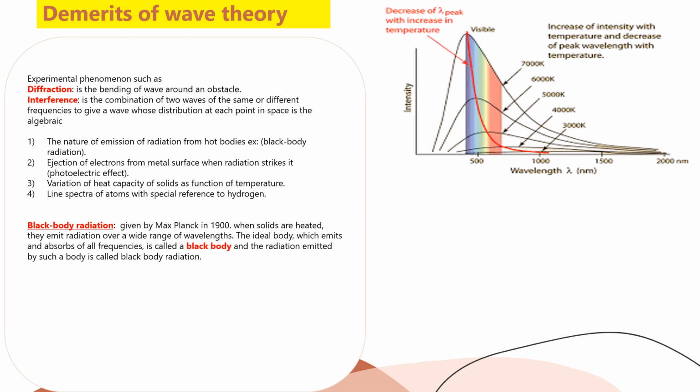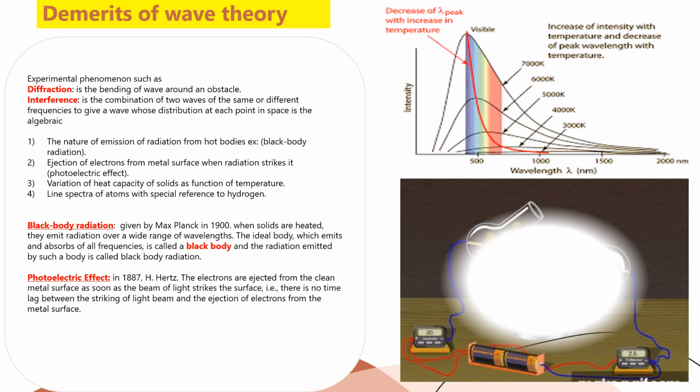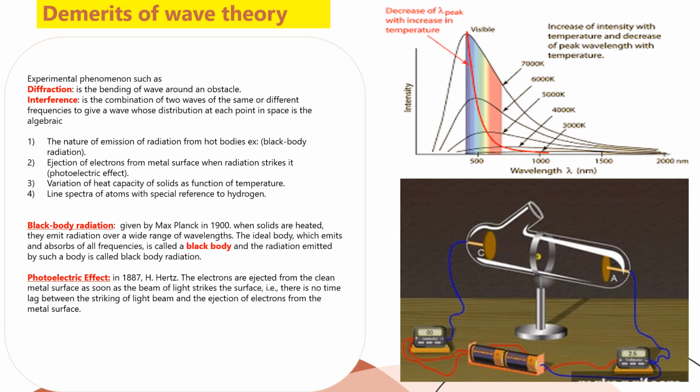Next, the photoelectric effect. In 1887, Hertz performed a very interesting experiment. Electrons are ejected from a clean metal surface like potassium, rubidium and cesium. As soon as the beam of light strikes the surface, there is no time lag between the striking of the light beam and the ejection of electrons from the metal surface.